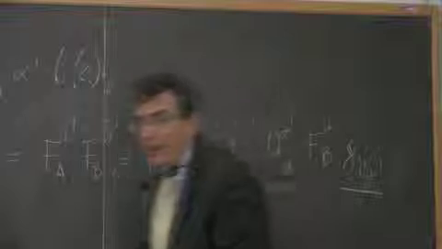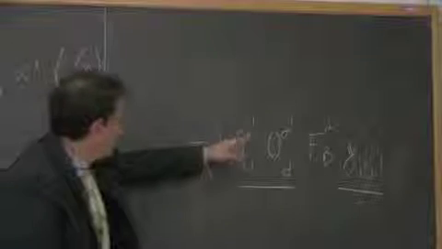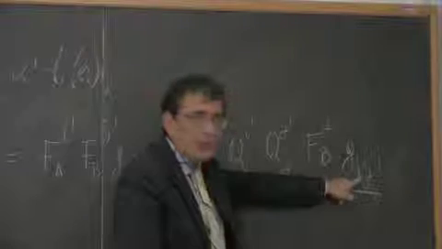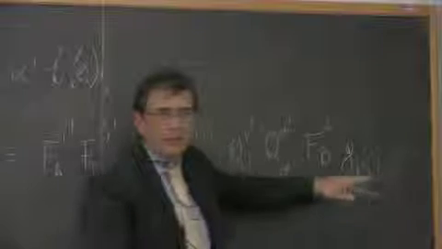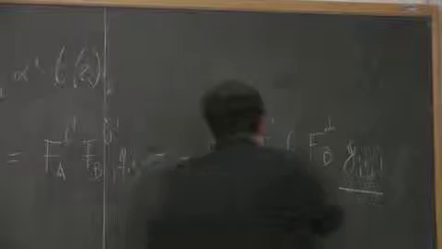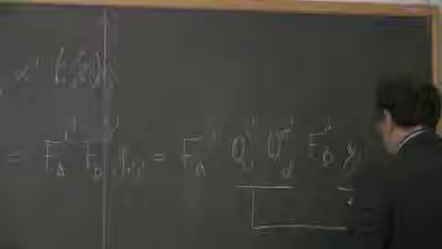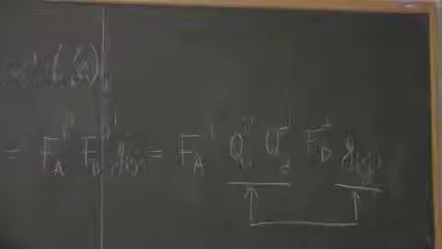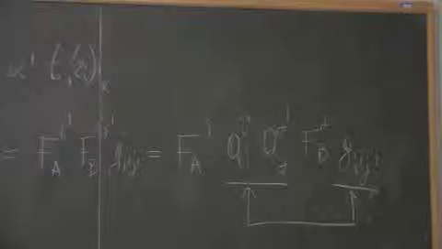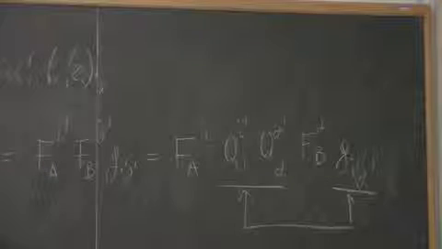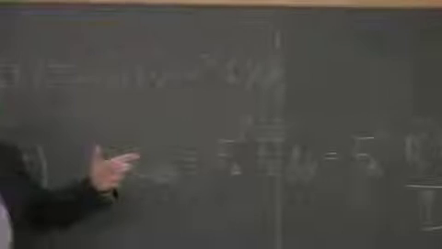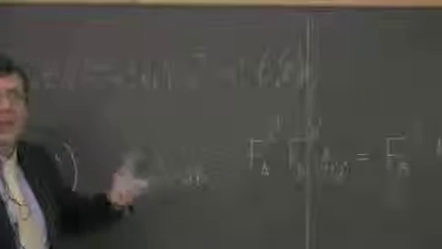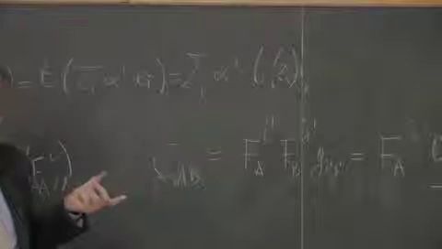This is an automatic check of the mistake. And because of orthogonality of Q, this quantity is the identity. So this object, by construction, is independent of the observer.